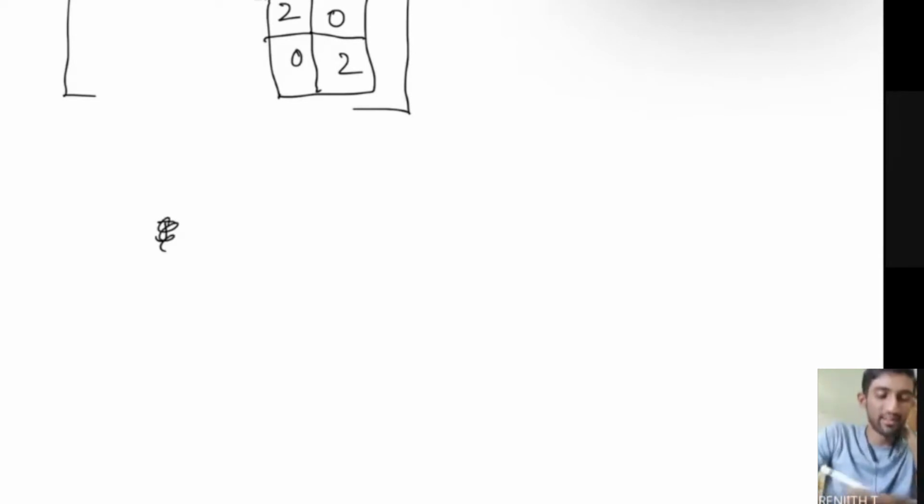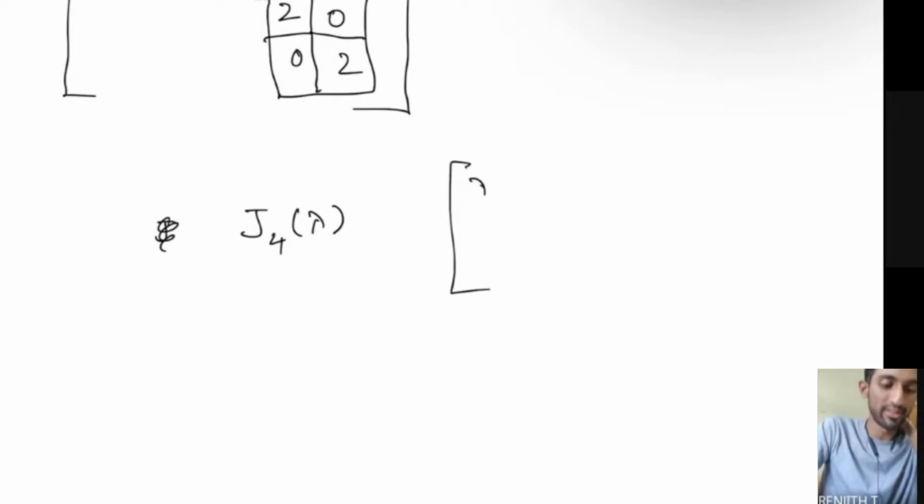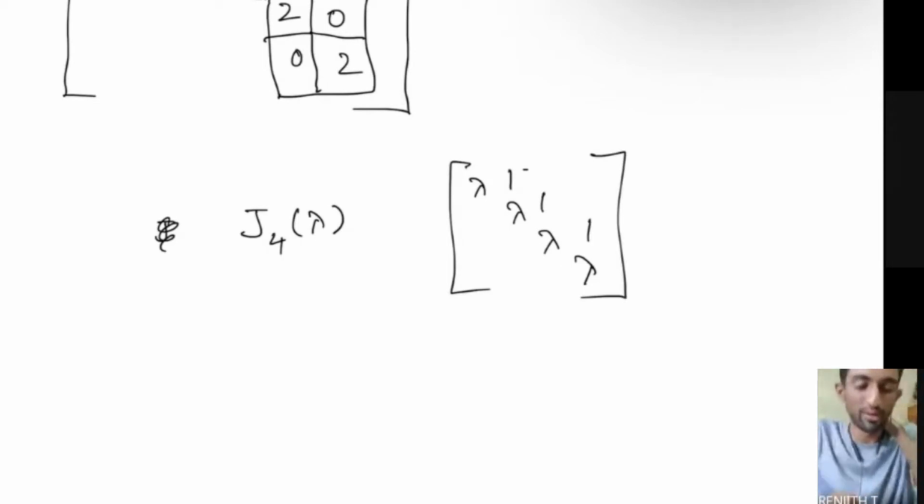Let me give some notation. If I write J4 of lambda, this means a 4 by 4 matrix with lambda in the diagonal and 1 in the super diagonal. This is a Jordan block.